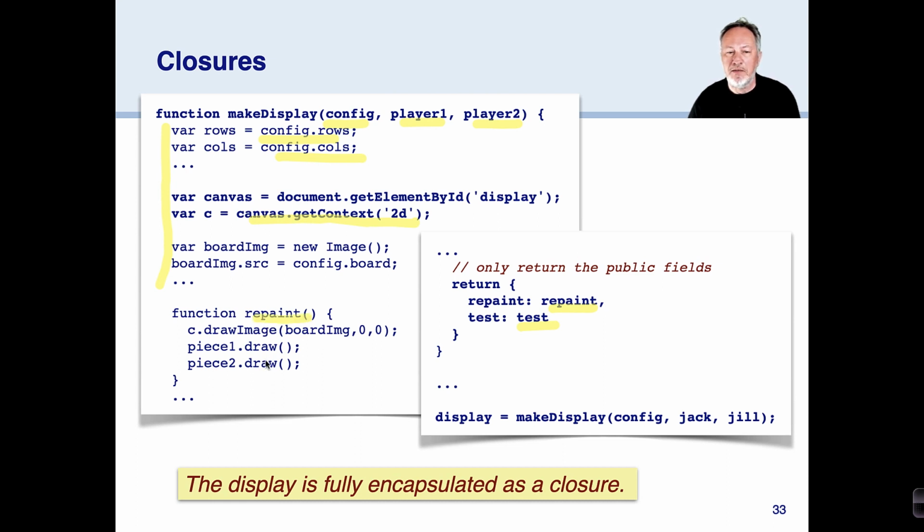Here's the repaint method, and it has access to the variables in this scope, and they're otherwise hidden. So we will only return the public fields. In order to create a new instance of the game, a display, we just call make display with the configuration and players Jack and Jill.